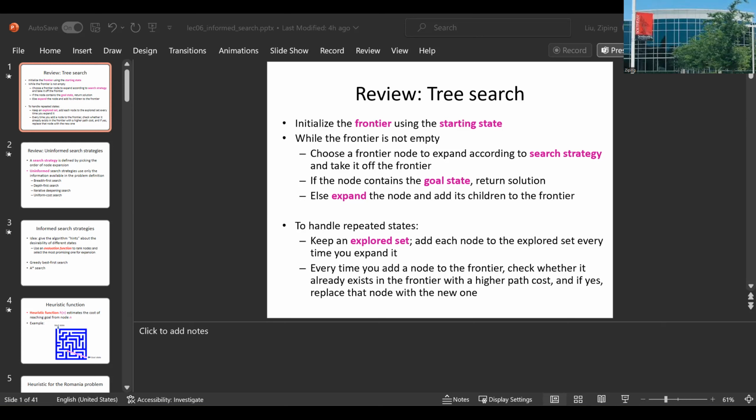And consistency is stronger than admissible. Admissible is just that the heuristic is no more than the actual cost. But consistency is a different concept.